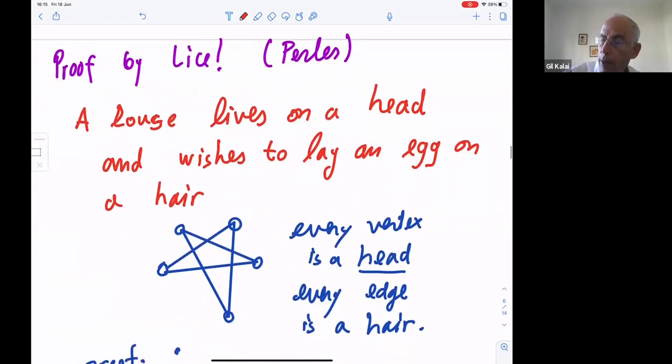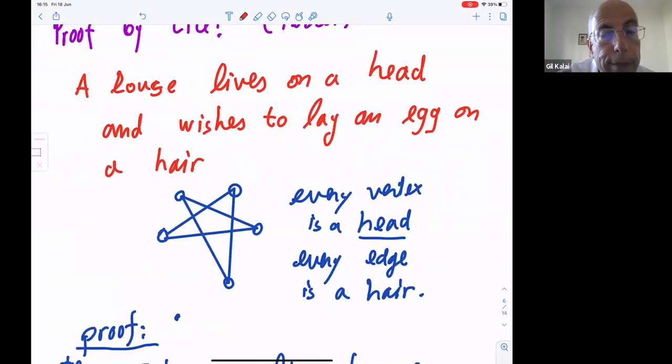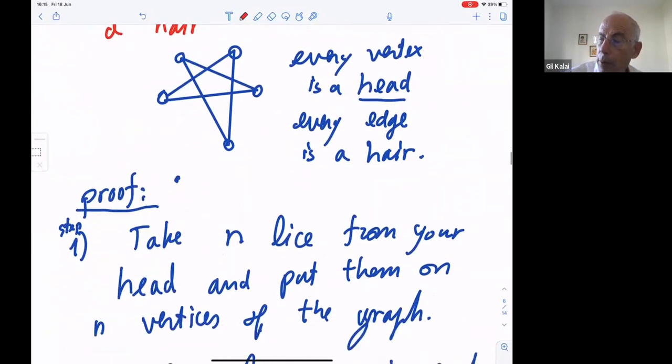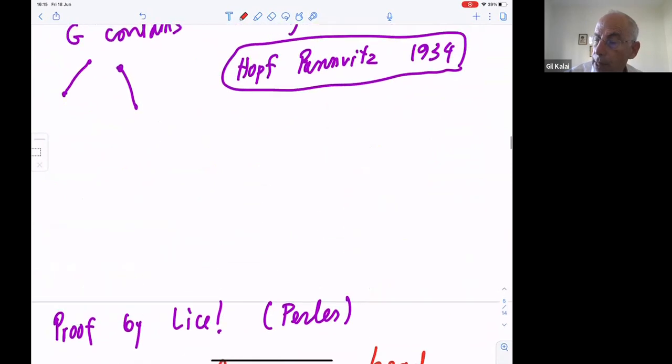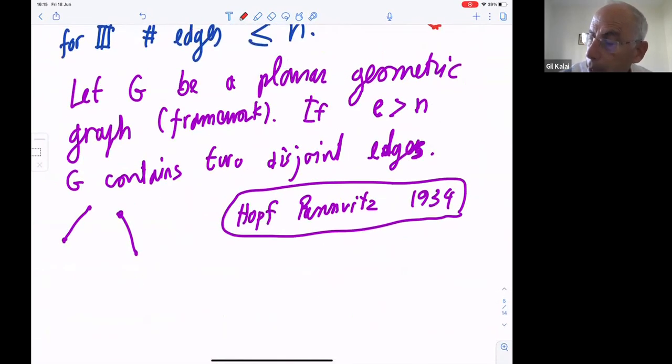So when we consider geometric graphs, we consider every vertex of the graph as a little head, and every edge connecting two vertices as a hair. And now I will describe the proof of the theorem that a planar geometric graph, when the number of edges is larger than the number of vertices, contains two disjoint edges.